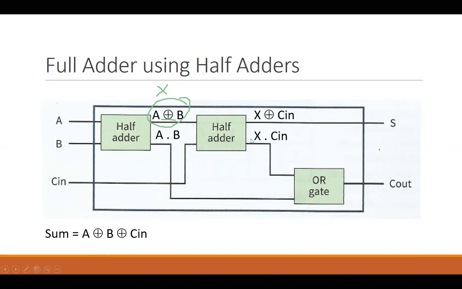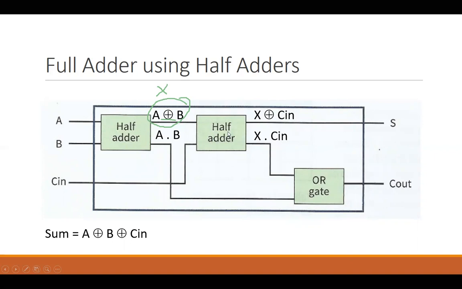C in was the input here. So X is an input of this half adder, C in is an input of this half adder. By the same logic we did A dot B here, the next half adder's carry should be X dot C in.